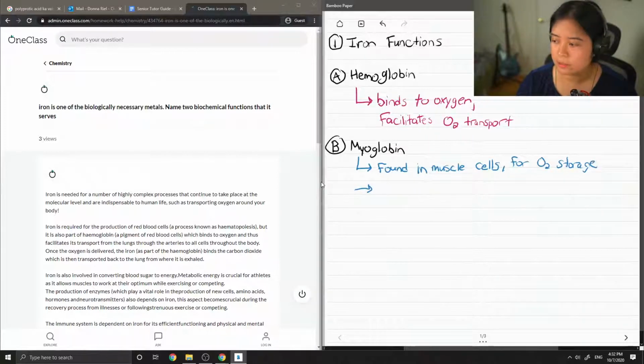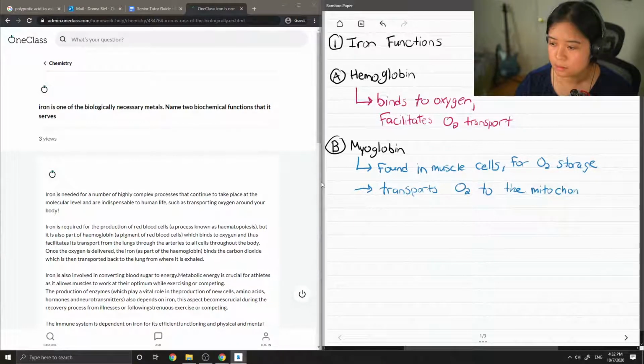What myoglobin does is that it transports oxygen to the mitochondria of muscle cells.